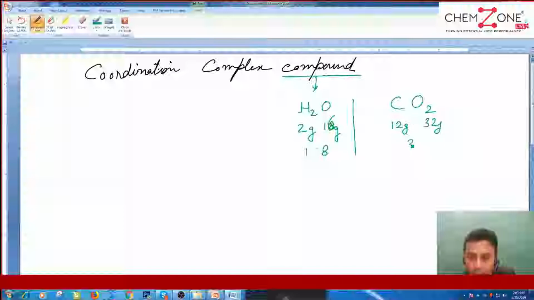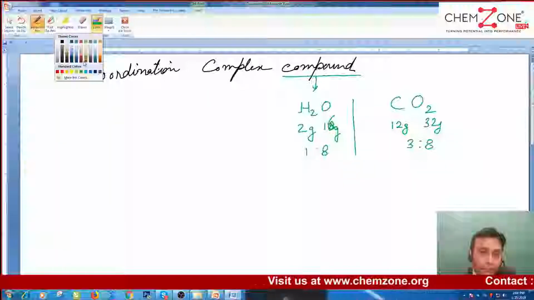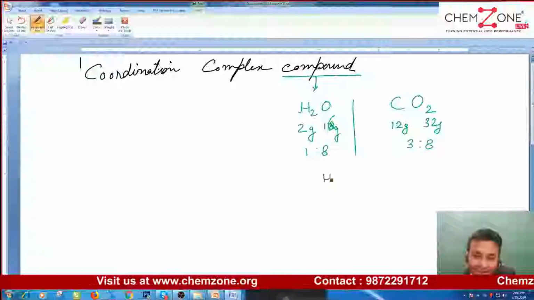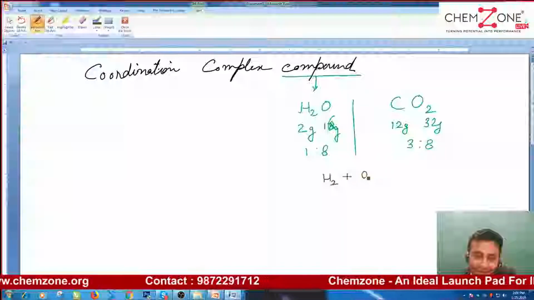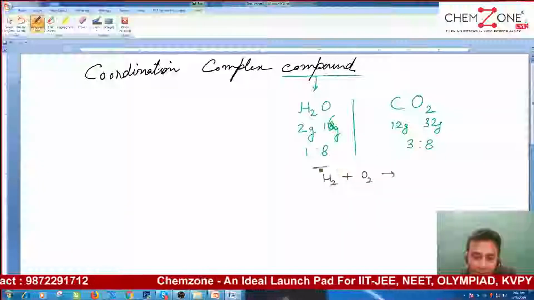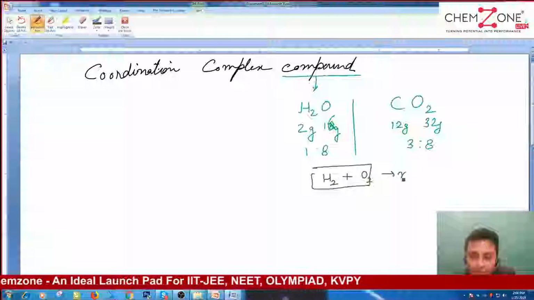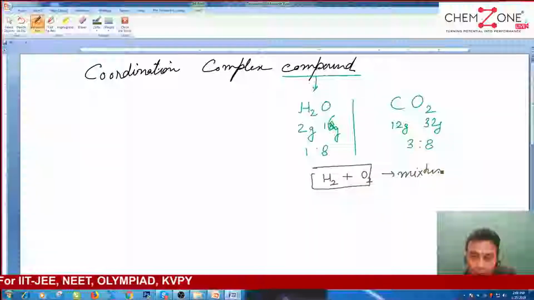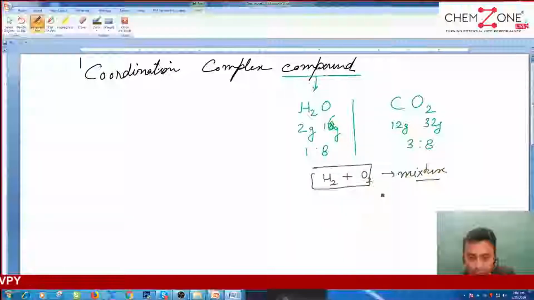But let's say I take a cylinder and I put in 16 grams of oxygen and 2 grams of hydrogen gas. It's in a definite ratio, but is that a compound? No, it's a mixture. So how do we know that, based on the definition you gave me?